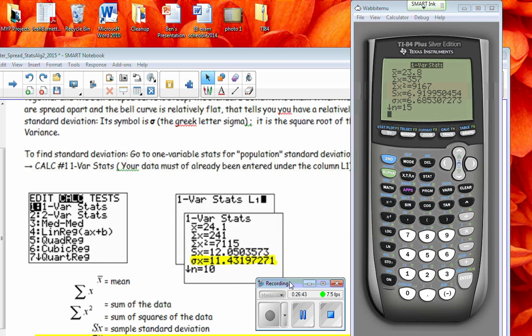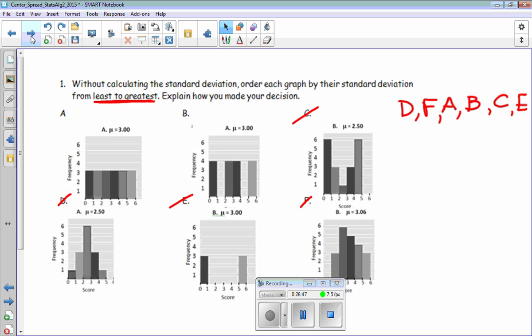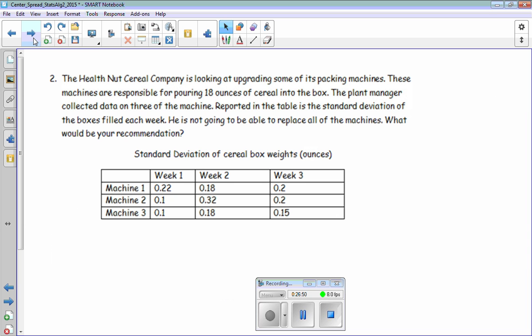All right. Let's go ahead and continue looking at number 2, the next problem. The Health Nut Cereal Company is looking at upgrading some of its packing machines. These machines are responsible for pouring 18 ounces of cereal into the box. The plant manager collected data on 3 of the machines.